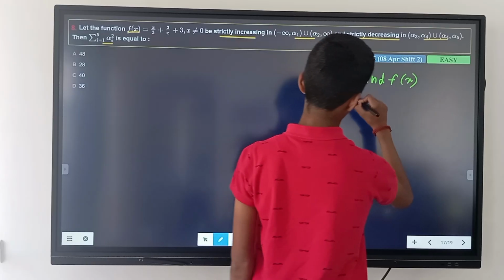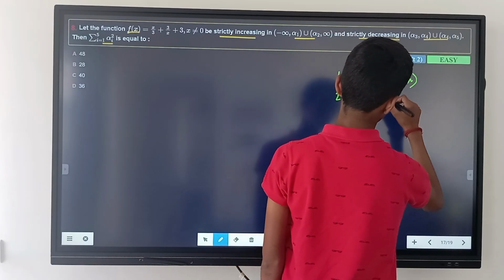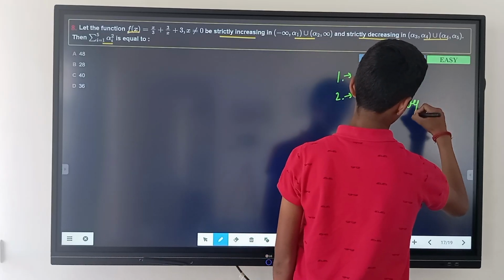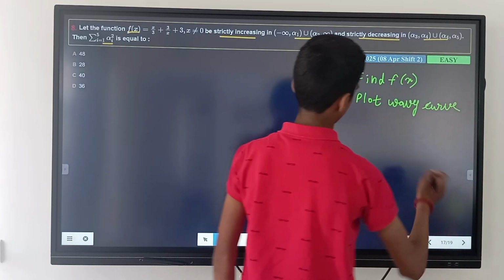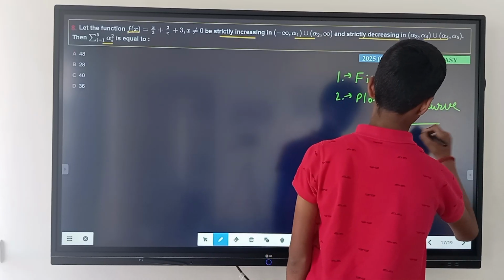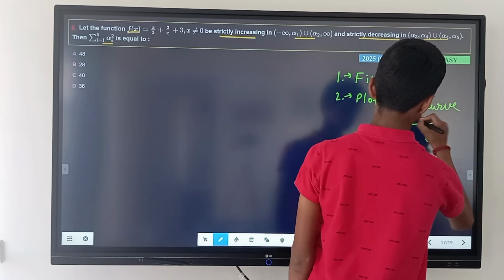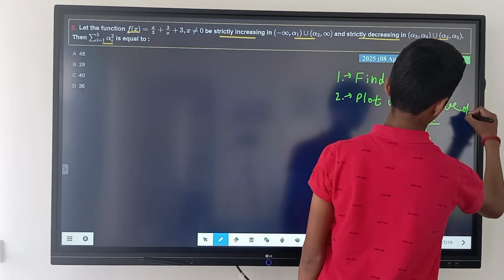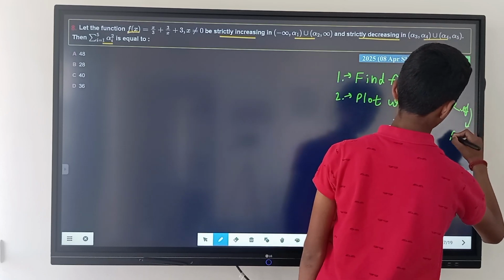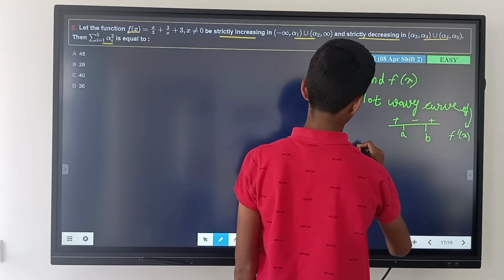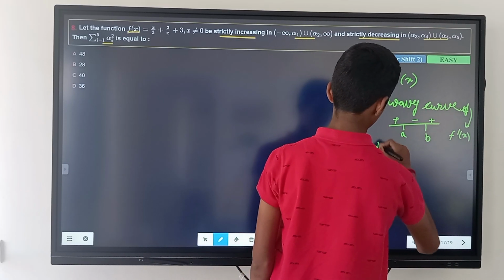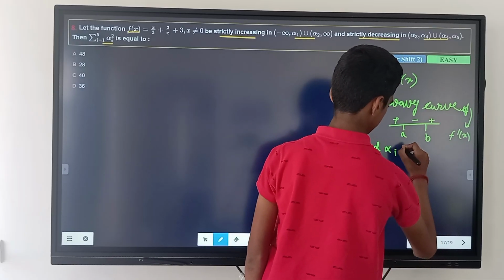Second step will be plot the wavy curve, as the wavy curve is the curve for sign change. Third step will be find alpha i's.